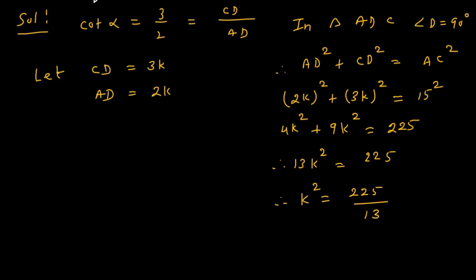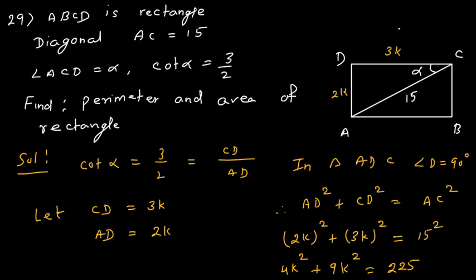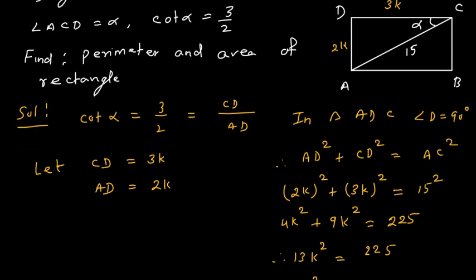Okay, let us once again check. The ratio of cot alpha is 3 upon 2, so this adjacent side is 3K and this opposite side is 2K, and this is given 15. So we apply the Pythagoras theorem. 2K the whole square plus 3K the whole square, that is 4K square plus 9K square, equals 15 square.